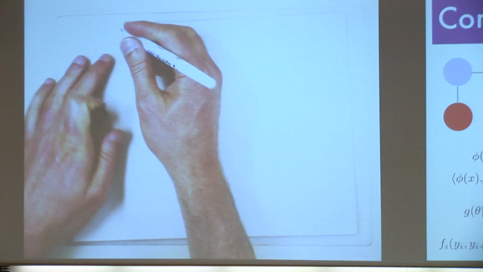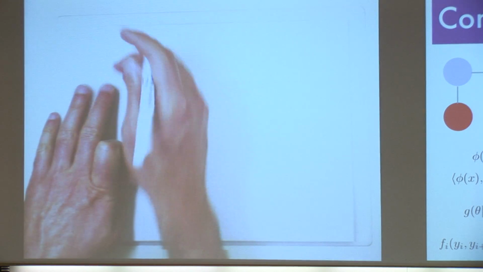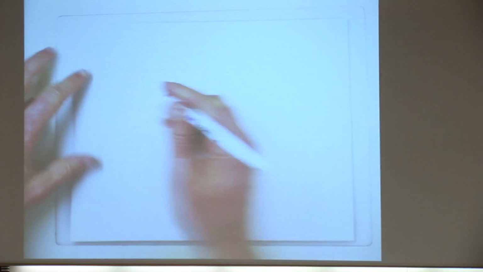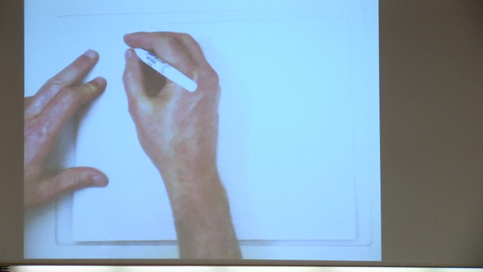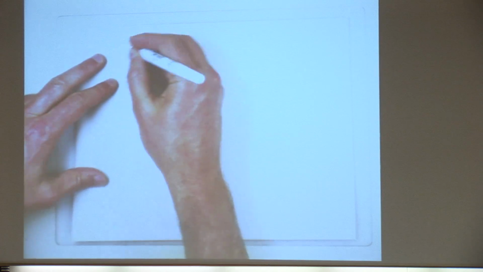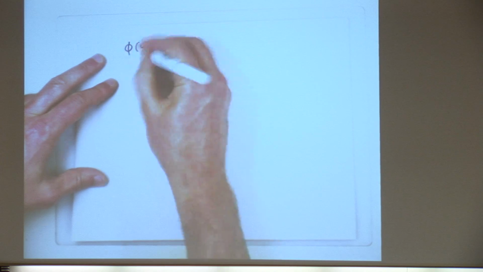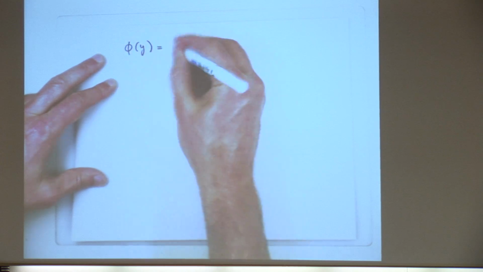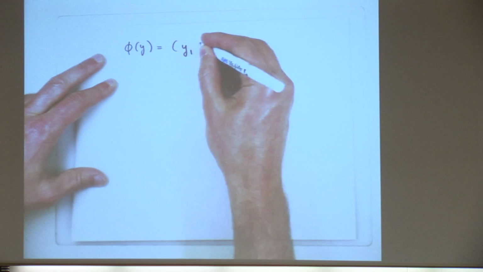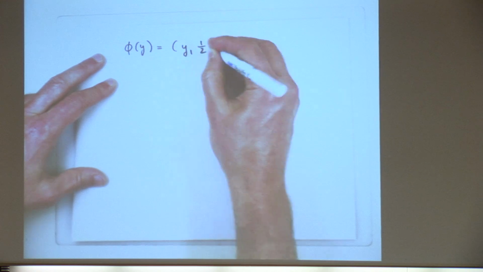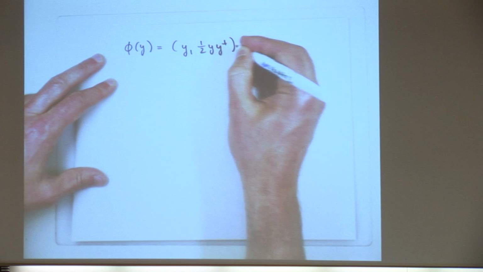So remember, our sufficient statistics for just a Gaussian: we have phi of y being y and 1/2 y transposed.